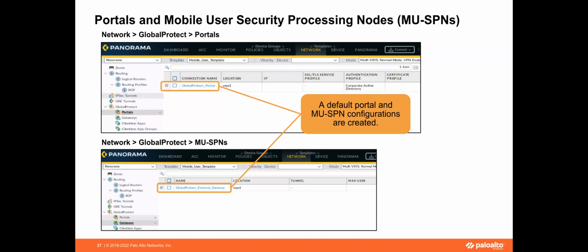Prisma Access uses only one logical portal and one logical MUSPN. Although you can configure only one MUSPN, based on the locations enabled and the number of users connected, that configuration will determine the actual number of MUSPNs created around the world, and it's still controlled as one logical MUSPN.